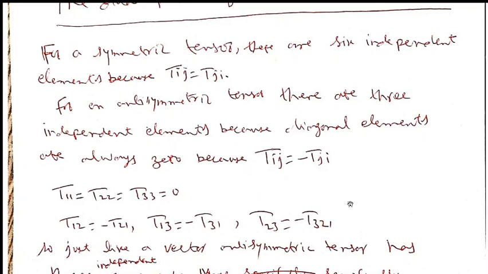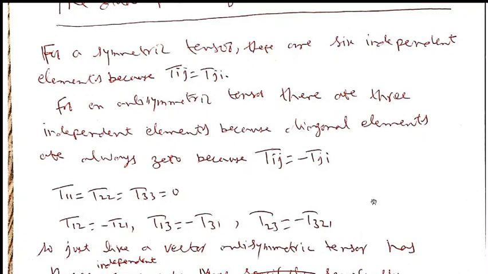You also know that any vector has 3 independent components. So we can say that our anti-symmetric tensor will behave like a vector in the sense of independent components, that both have the same number of independent components. I am not saying that an anti-symmetric tensor has 3 components. I am saying that it has 3 independent components.